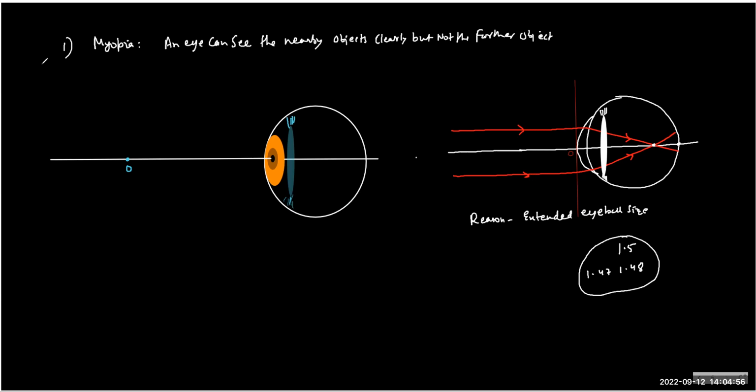The refractive index of the cornea is about 1.376. The aqueous humor is 1.336. The lens is 1.386 to 1.406, and the vitreous humor is 1.337. This is the model I'll just share with you.